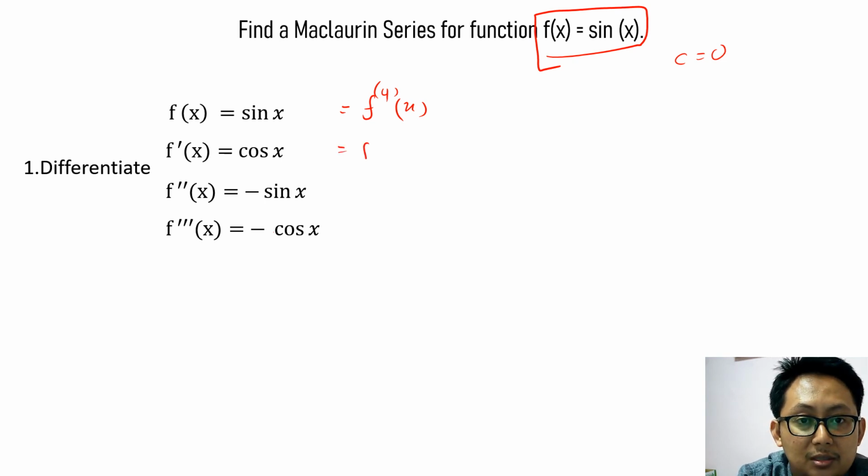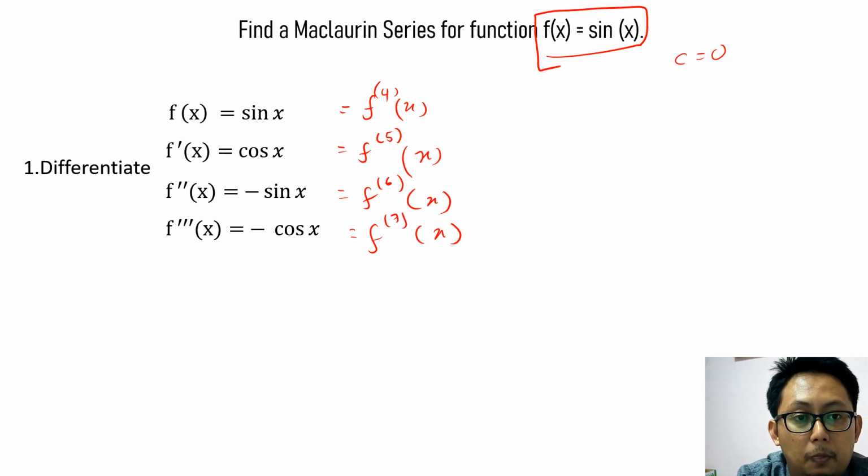And then for the fifth, sixth, and seventh times of differentiation, on the left side, f5 will be cos x, f6 will be minus sin x, and f7 will be minus cos x.